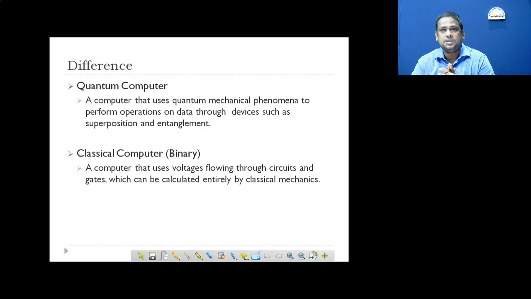We know that a binary computer has two states, 0 and 1. In a quantum computer we also have two states, but they use superposition and entanglement. We can call them spin up and spin down, where we get multiple states with those two bits. Classical binary computers use voltages flowing through circuits and gates, which can be calculated entirely by classical mechanics.